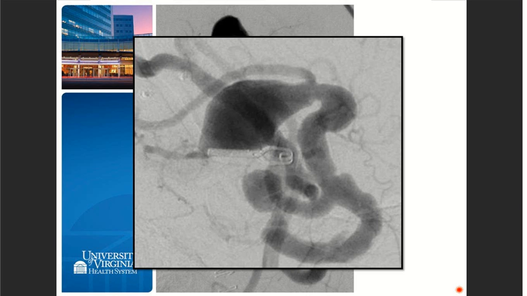Something that's been described is the double barrel flow diversion technique, because the current flow diverters, at least those widely available, can only expand to be so large. But I think when you're faced with these sort of one-off aneurysms that you only see on very rare occasions, it requires a lot of creativity to treat.